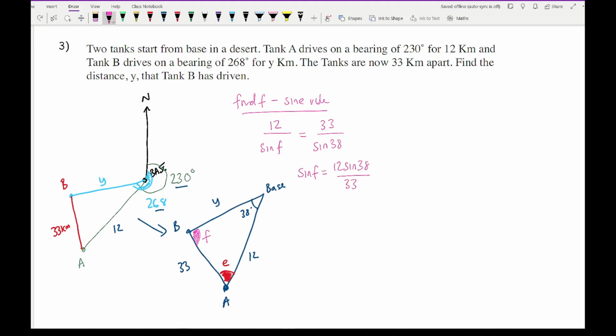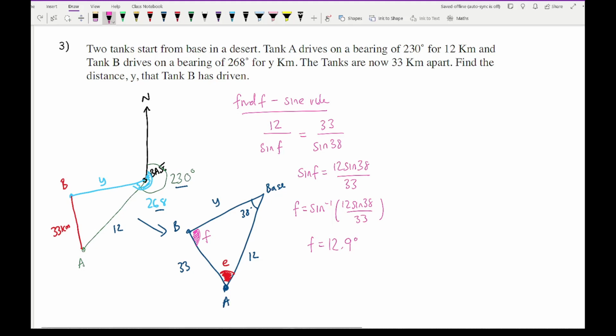And again, I'm skipping a lot of steps, but hopefully you can see what I've done, or eventually get to what I've done. So sine 38 over 33, and F equals, and if I type that all into my calculator, sine 38 all divided by 33, and then inverse sine, I get an answer of 12.9 degrees.